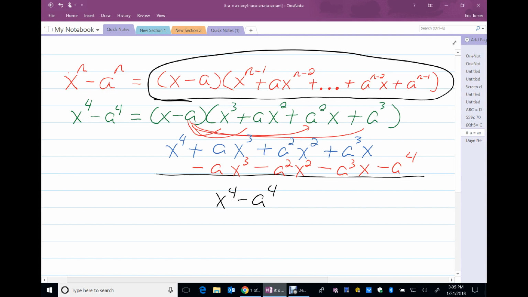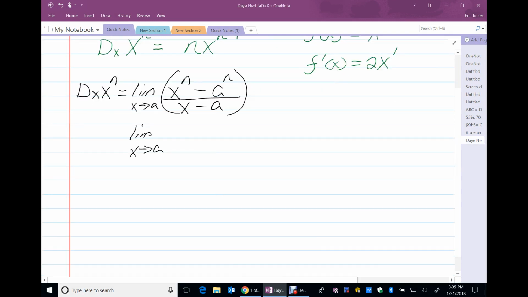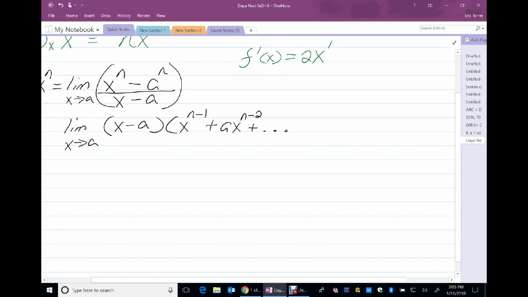So this is going to equal x minus a times x to the n minus 1 plus a x to the n minus 2, and I'm going to keep adding my pattern together until I get to a to the n minus 2 times x plus a to the n minus 1.